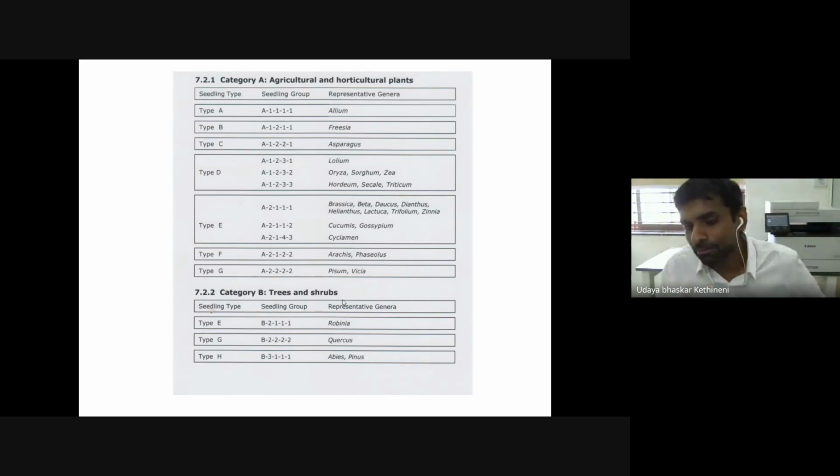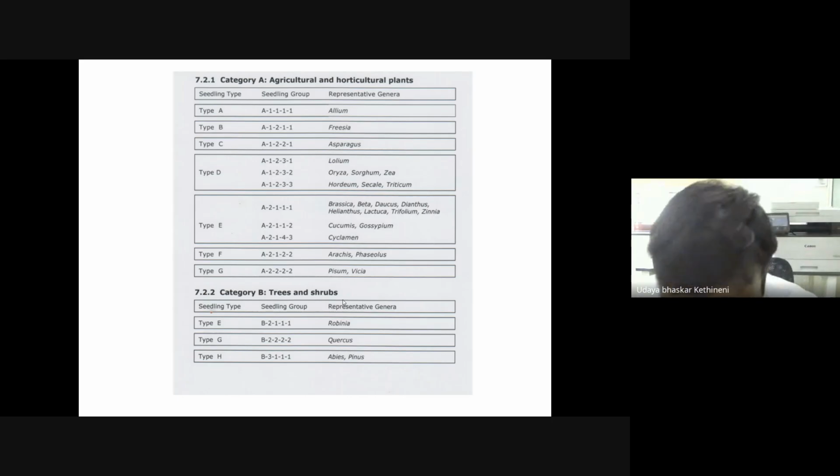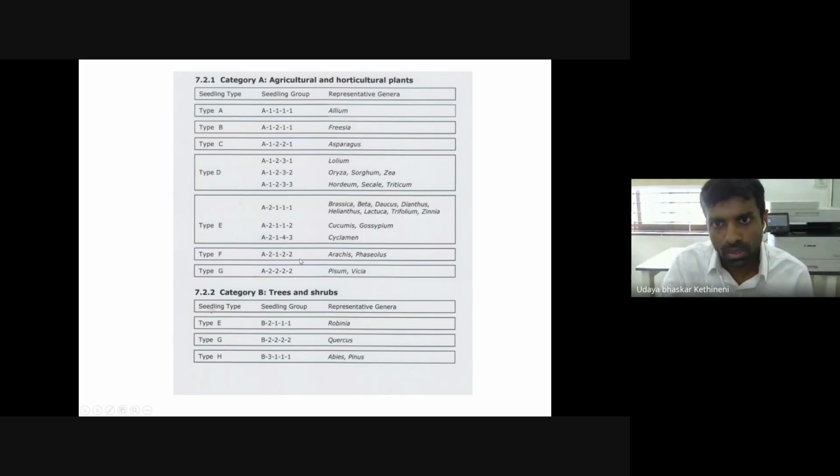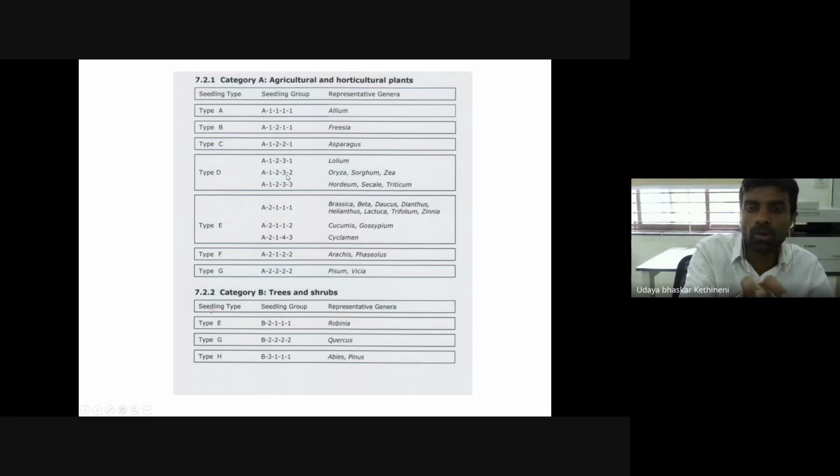Here I want to emphasize, very few people have an understanding of this. For knowing the essential structures, first you have to understand the seedling group the crop species belongs to. Take the example of rice again: rice belongs to the seedling group A1232.